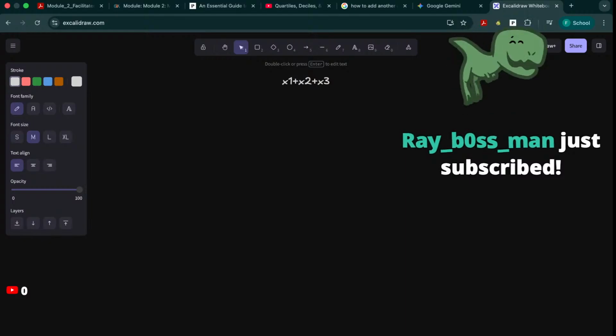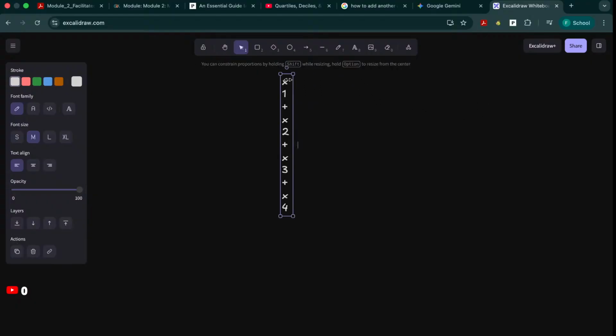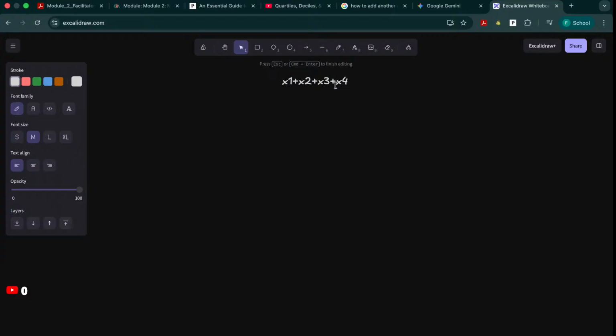plus x3. Then you add x4. Then all of this you just divide by the total number, which for this is 4.